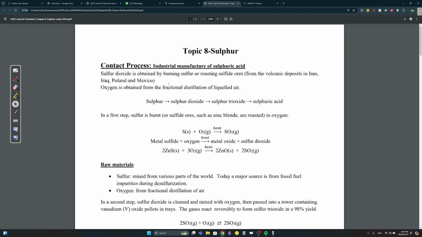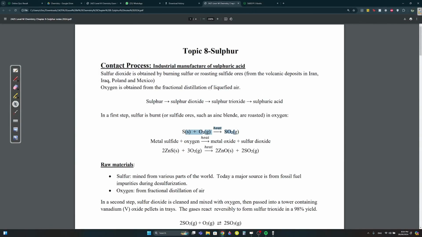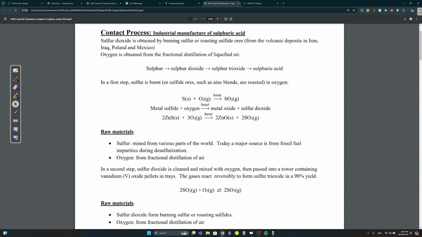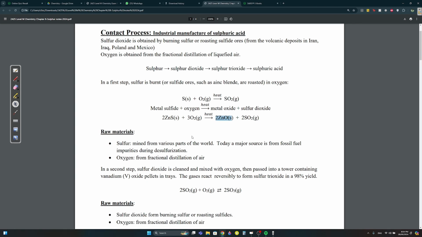Okay, just remember there's 3 ways we can get sulfur dioxide. You can burn sulfur with oxygen to get SO2, or you can roast any metal sulfide, meaning any metal with sulfur, to get the metal oxide and SO2.